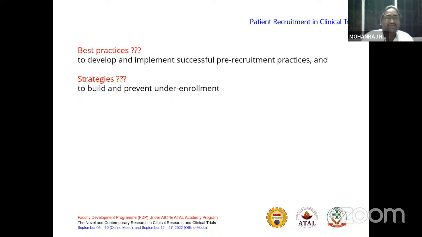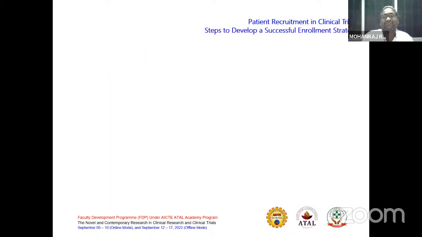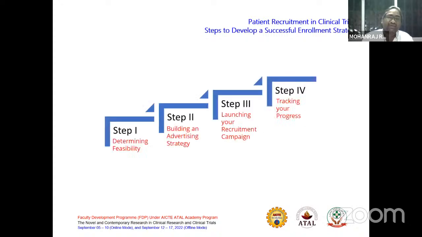To explore the best practices and better strategies, we must have certain development focus built for a successful enrollment strategy, which is a lacuna that developing countries like India are facing a lot. There are mainly 4 important standard steps which have to be followed to develop a successful enrollment strategy.